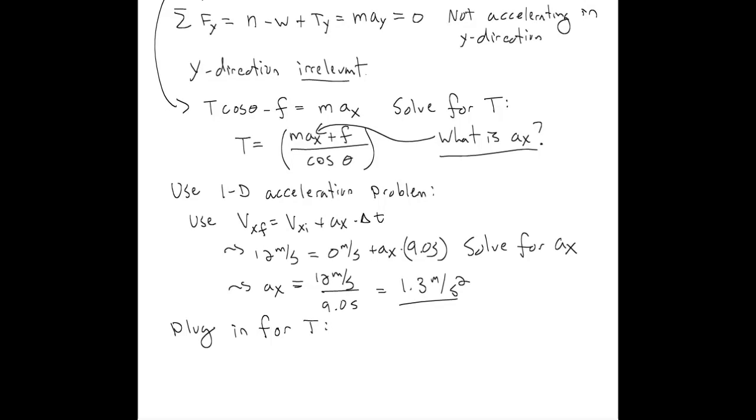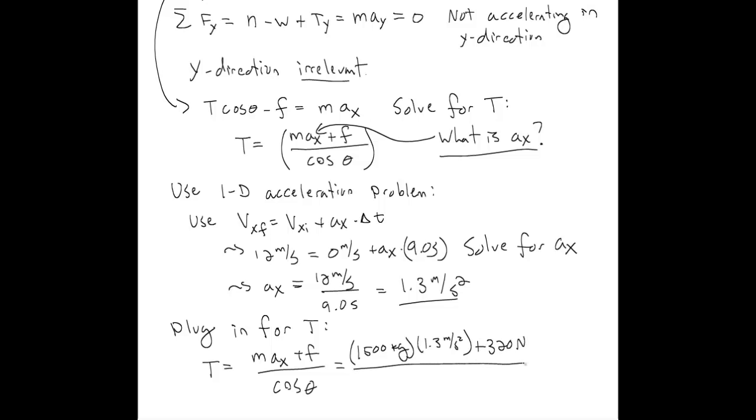So the tension is equal to mass times this acceleration, plus friction force, over cosine of the angle theta. Just plugging those in, we get 1,500 kilograms times 1.3 meters per second squared, plus the friction force, which was 320 newtons, all divided by cosine of the angle 21 degrees.